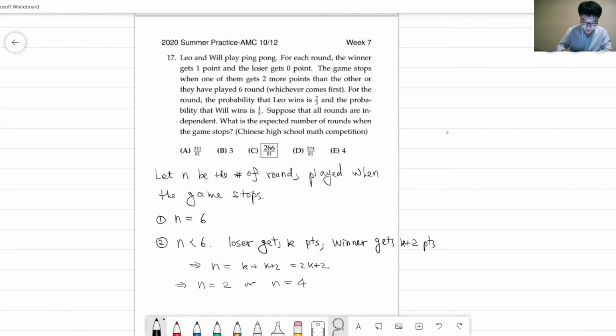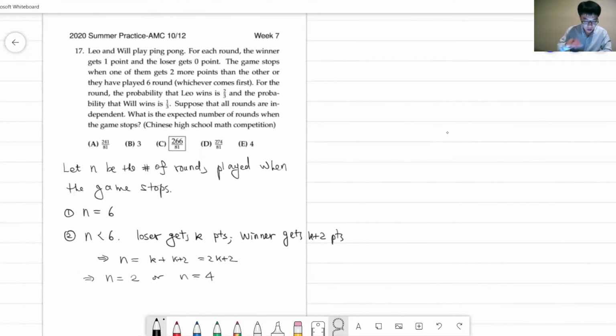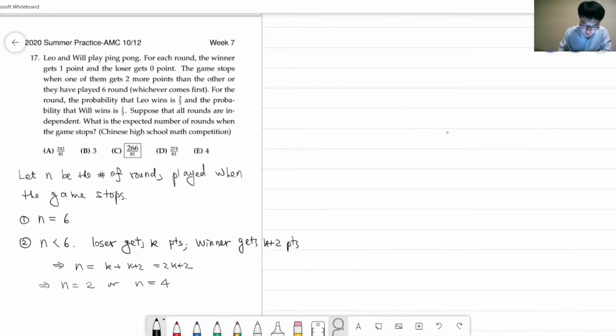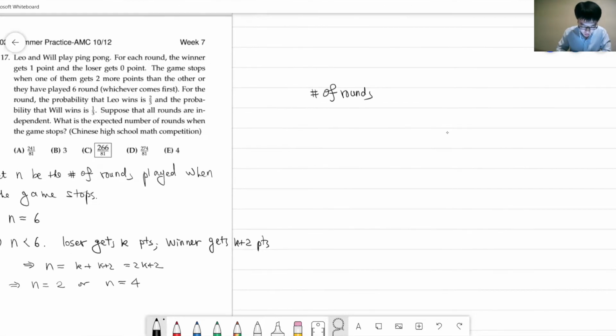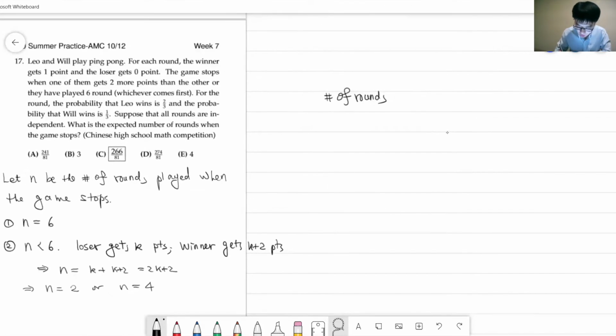Now let's calculate the probability for each of these numbers of rounds. So let me try to draw a table here. The first column is the number of rounds, and the second column, let me write as the probability.